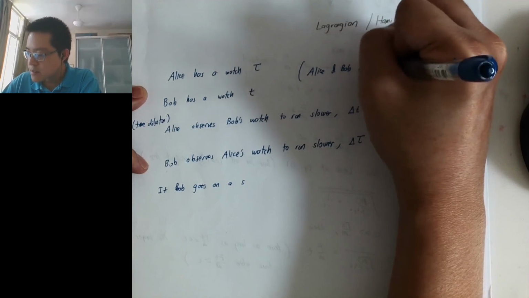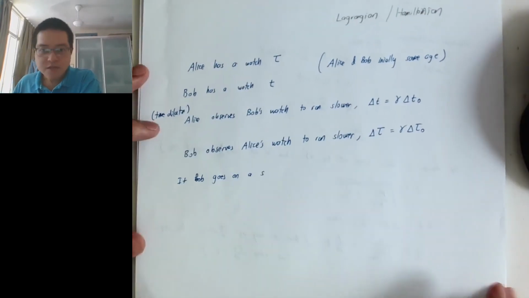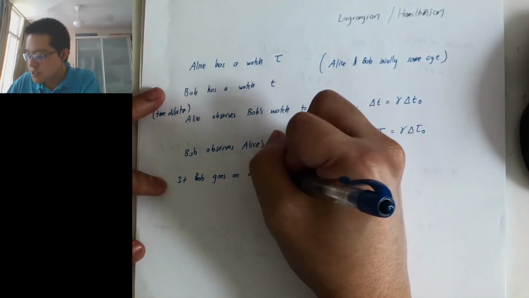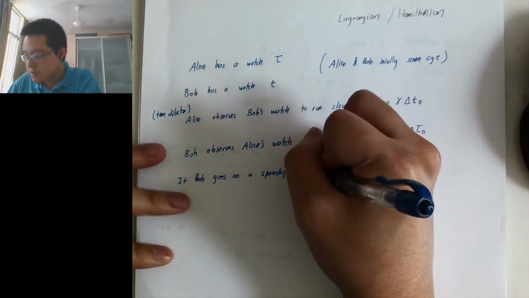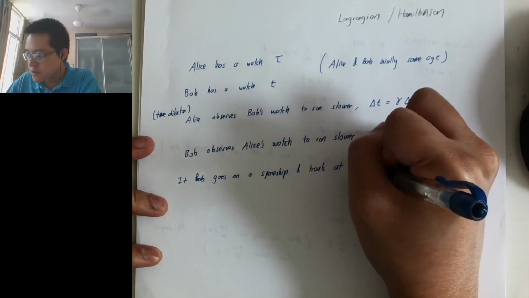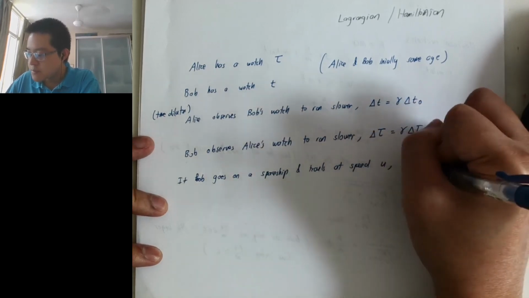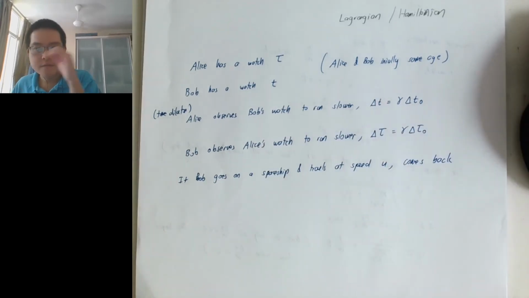So if Alice goes on a spaceship and travels at some speed u, and then comes back, then who is correct, who is older?